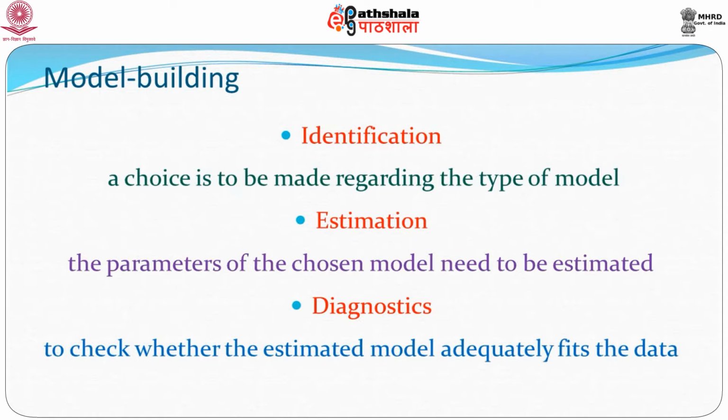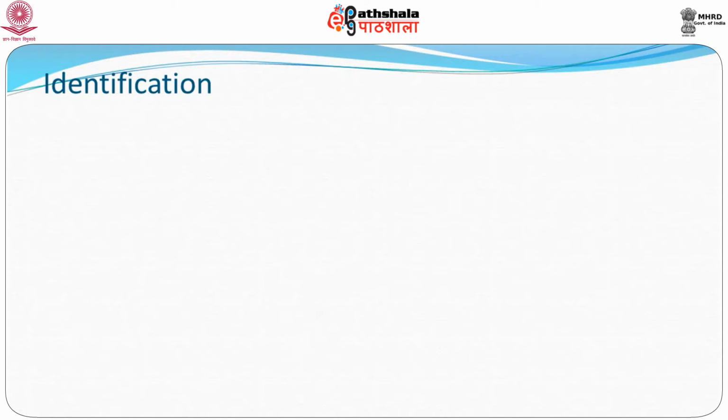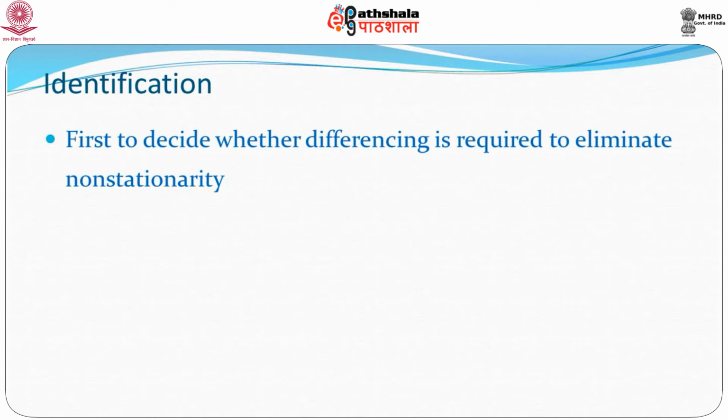In that case, you can go back and look at another candidate model and see if that gives you a better fit or not. As we will see, there will be several candidate models when we are looking at the Box Jenkins type of models. Let us look at the problem of identification first.